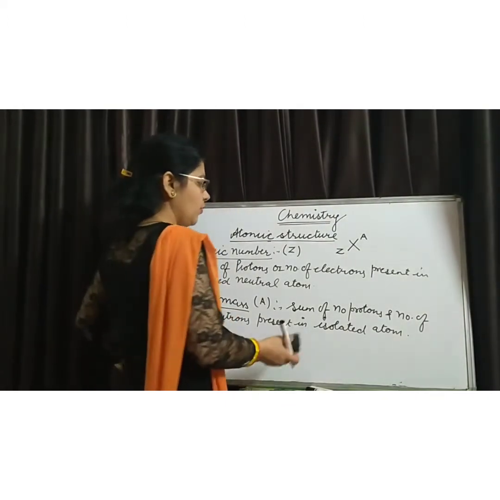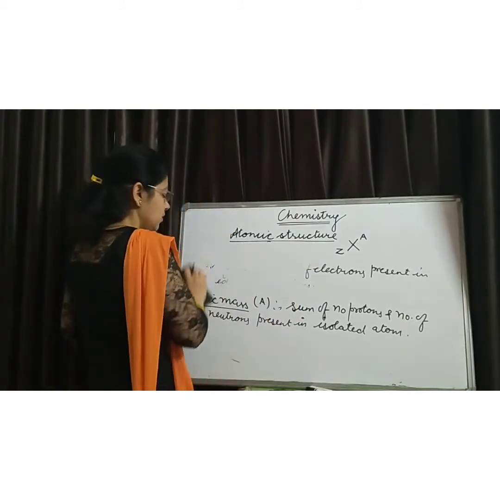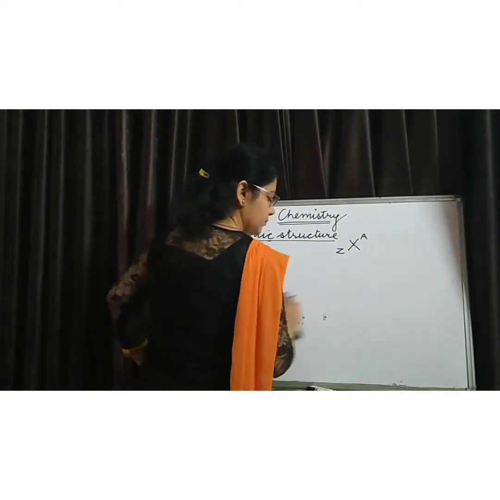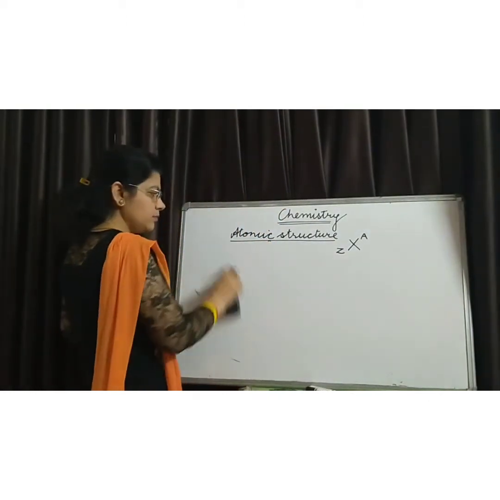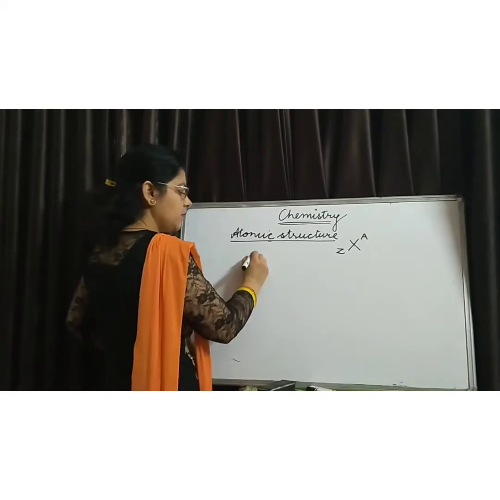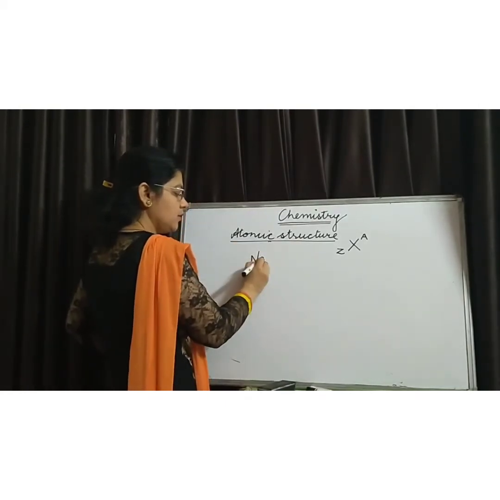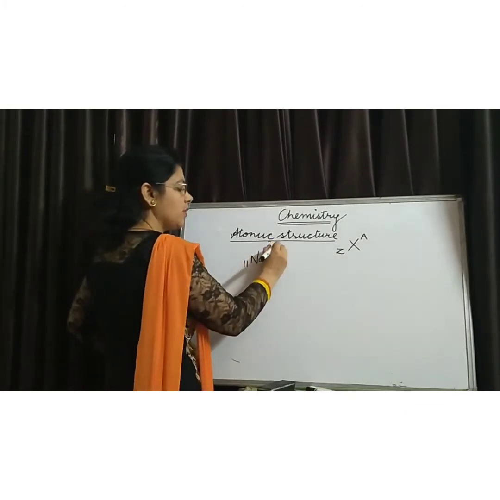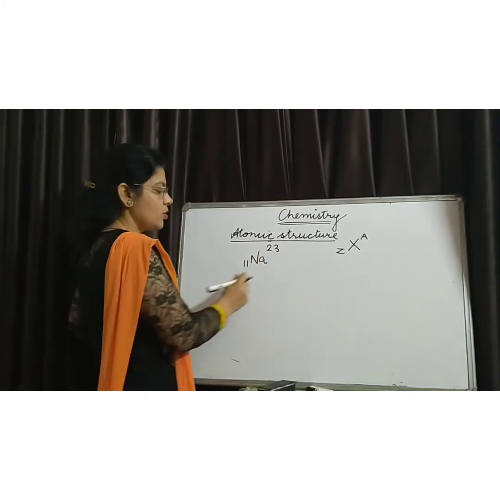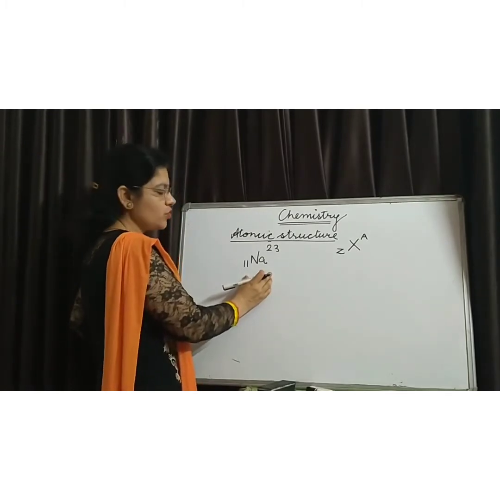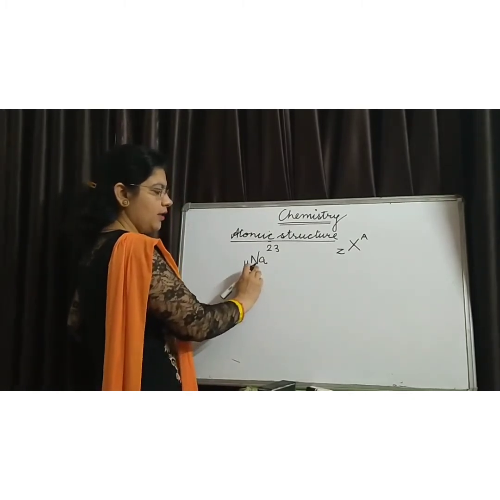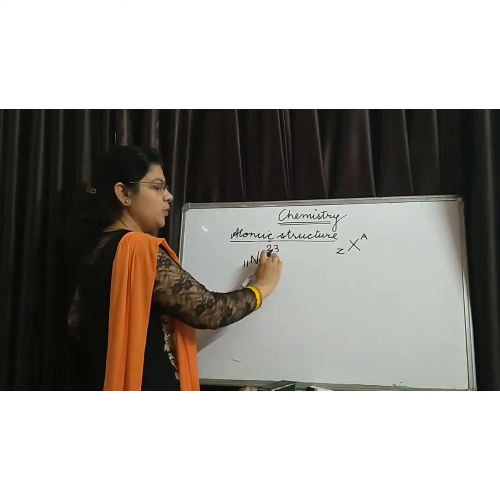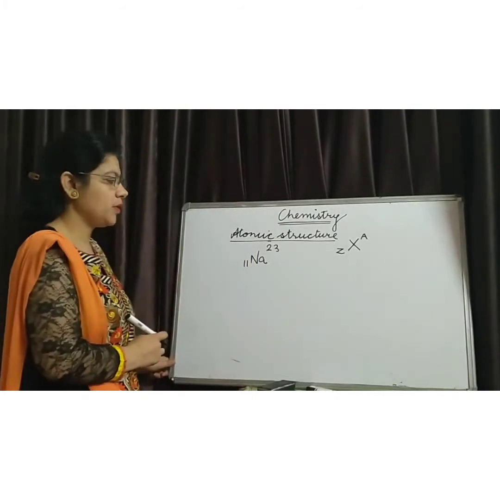For example, the symbol of sodium is Na. Its atomic number is 11 and its mass number is 23. So the symbol of sodium is 11Na23, where 11 is its atomic number and 23 is its mass number.